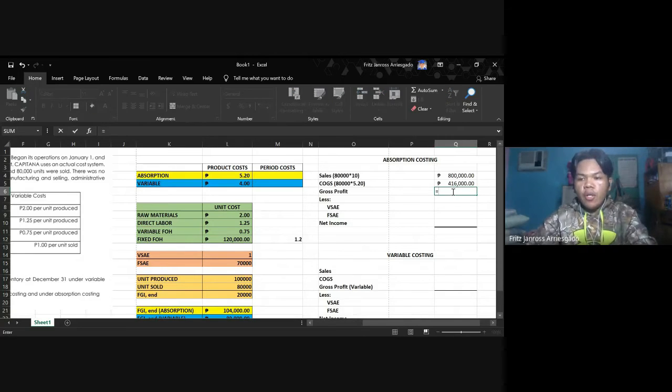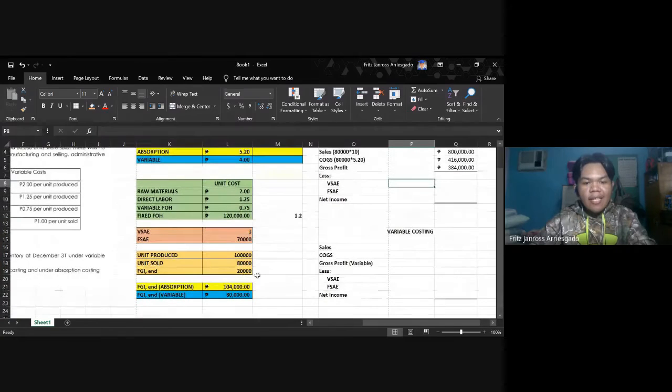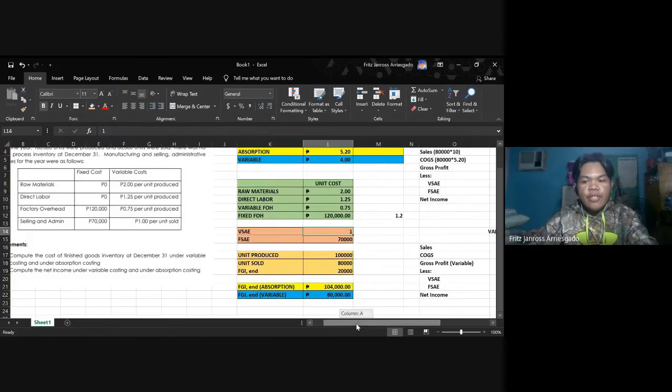You subtract the two in order to get your gross profit. So your gross profit is 384,000 pesos, less your variable and fixed selling and admin expenses. Your VSA is given here, that's 1 peso per unit sold.